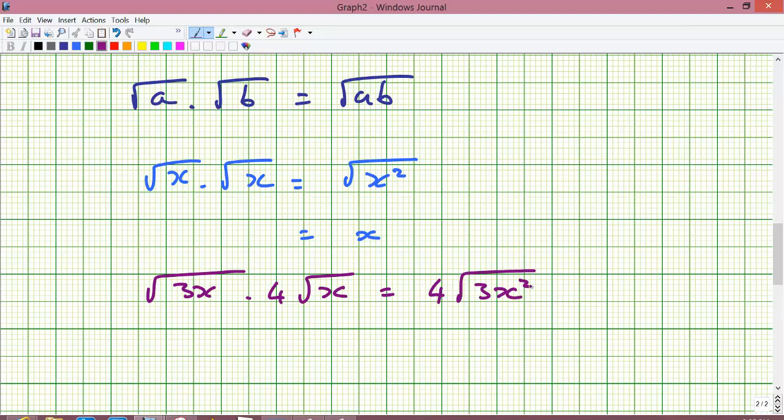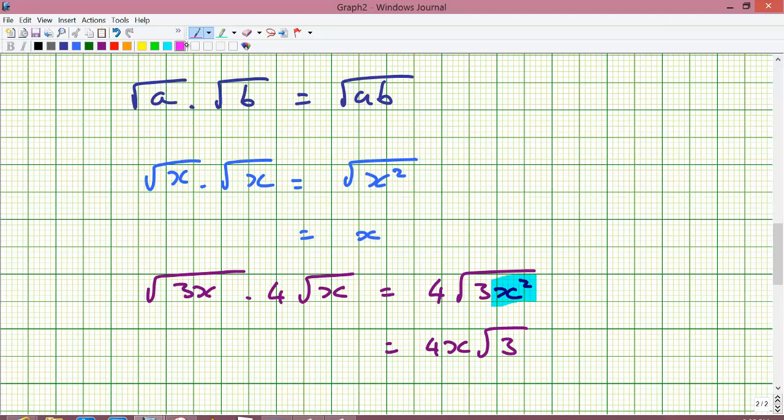It becomes 4 times root 3x squared. And clearly we can then simplify further. X squared can be simplified. So that becomes 4x root 3.